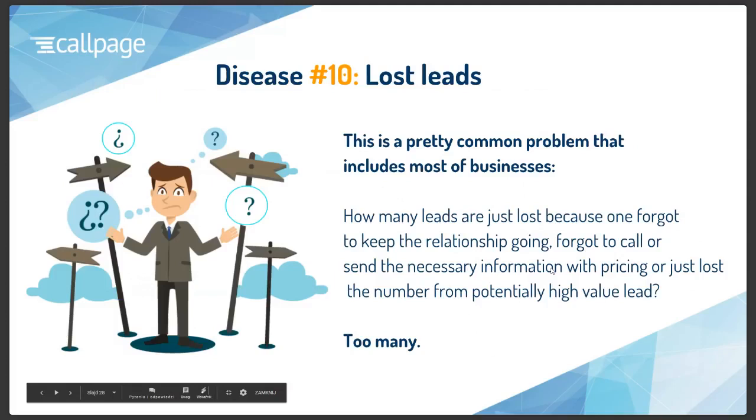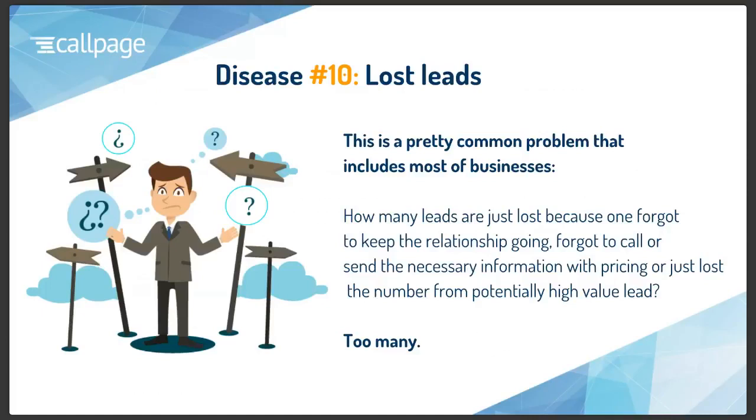This is number 10, lost leads. This is actually a pretty common problem that includes most businesses. So as we said earlier, and we like to repeat ourselves, but in different ways, some leads or missed calls are dropped because you are out of office, you don't work 24/7, and some people just visit your website.